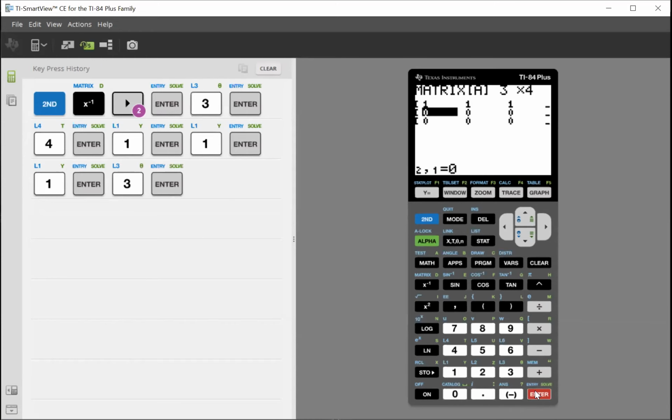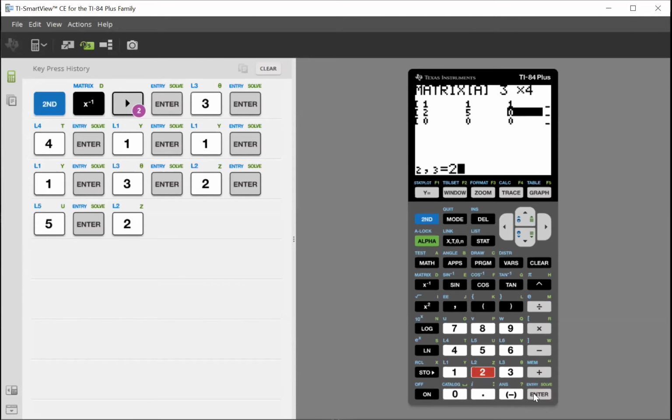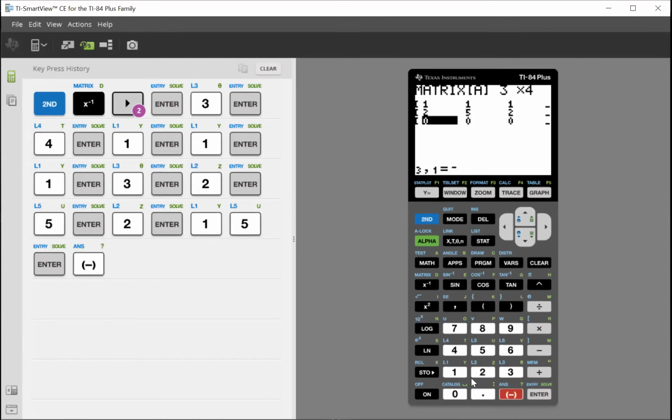And it goes down to the second row of equations. My second row had a 2x, so I would do 2 enter. 5y, so 5 enter. 2z, so 2 enter. And then it had an answer of 15, so 15 enter. It goes down to the bottom row. On my bottom row, I had a negative x, so that's a -1. Use the negative in parentheses.